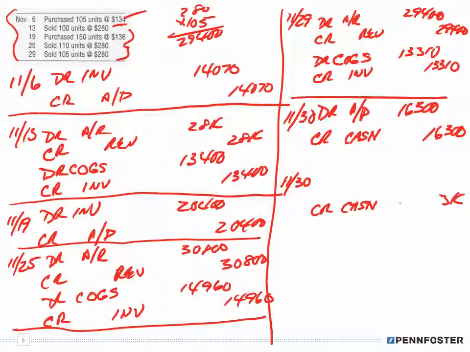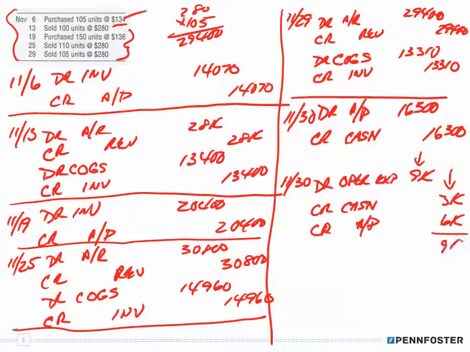Then the next thing is, am I affecting accounts payable or accounts receivable? Yes. I'm buying stuff on account, so I'm going to credit my accounts payable for 6,000, and since debits have to equal credits, I'm going to have to debit something else. Okay, and the solution is calling it operating expenses, and so that would be 9,000. So that my debits of 9,000 equal the total of my credits here. That equals 9,000, right? So that would be my entry.